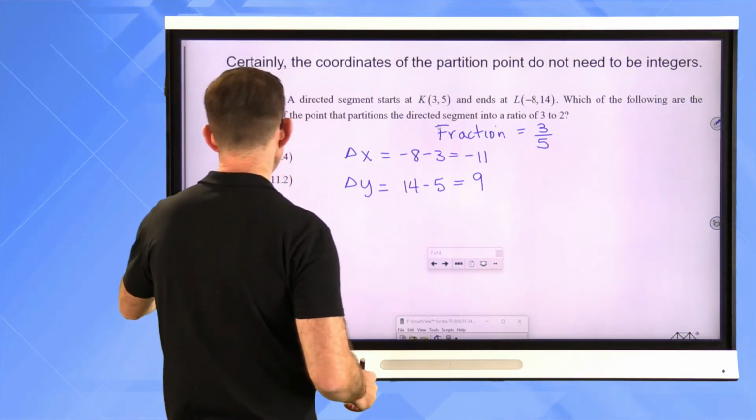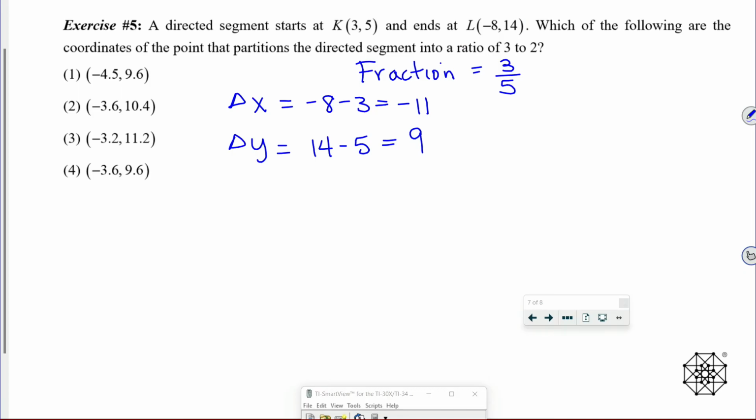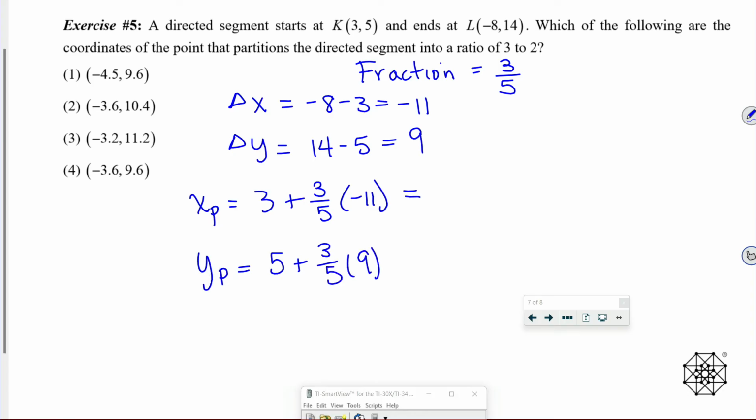And this is where it's a little bit messy because neither -11 nor 9 are divisible by 5. So the x of my partition will be 3 plus 3/5 times -11, and we'll figure out what that is in a moment. And my y partition coordinate will be my starting y plus 3/5 times 9.